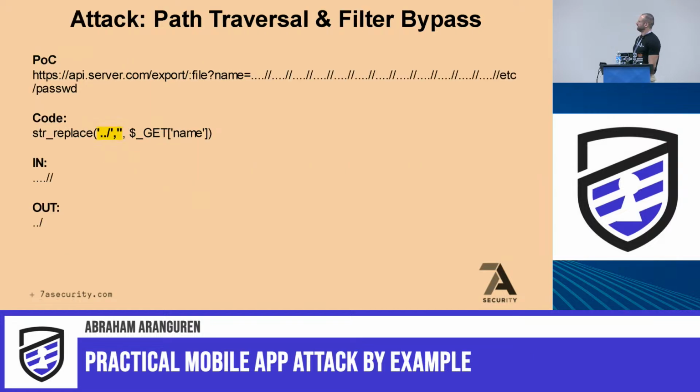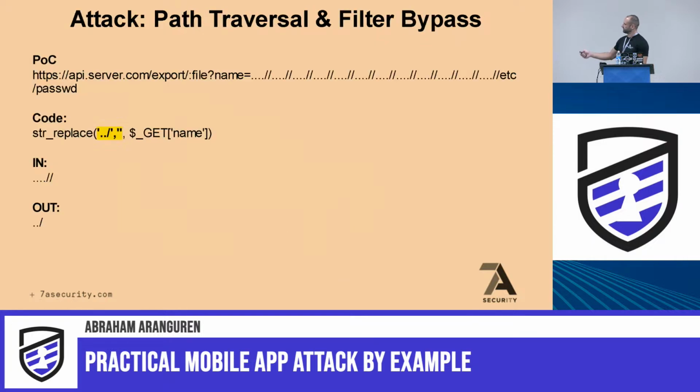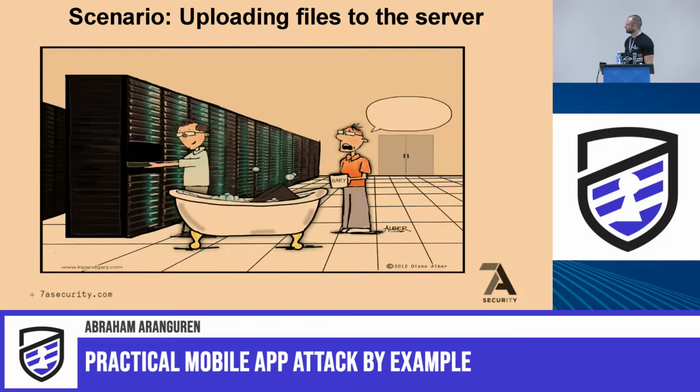No? Of course not, because you can send a crafted sequence, and then when you remove the inner part from here, you end up with the traversal sequence, right? So you can send to the application the sequence a few times, and then etc password, and then when you do this, you basically can read the etc password, right? So this was this vulnerability, which was interesting.